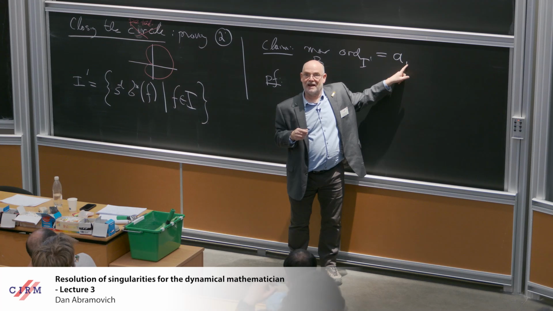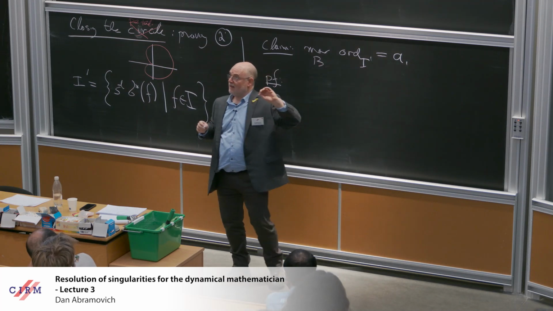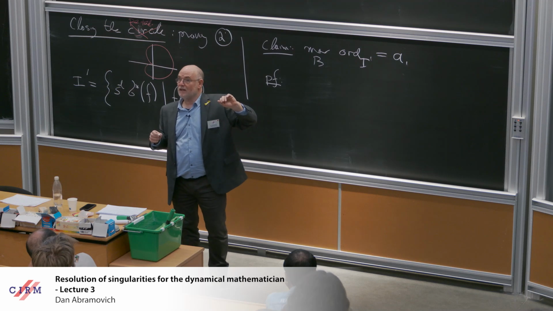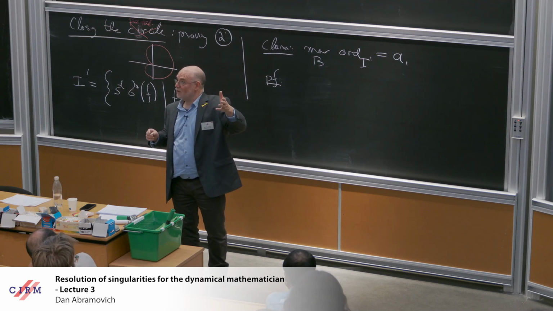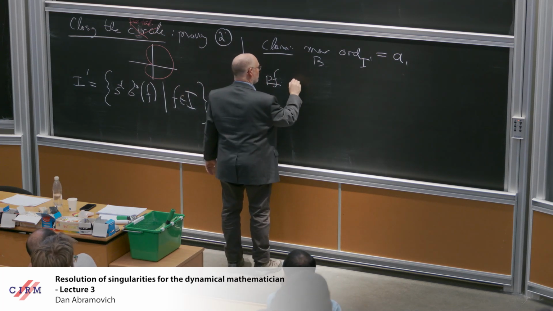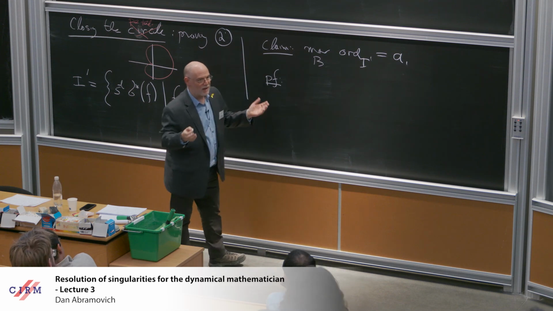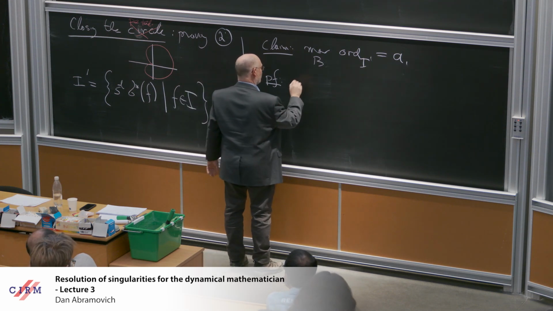What I know is that the order of the ideal I is a1, and that x1, in the maximal contact, appears in that derivative. This is truly without loss of generality, but ask me if you have questions.